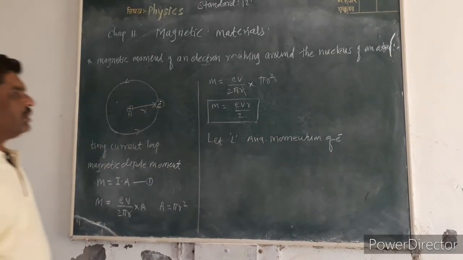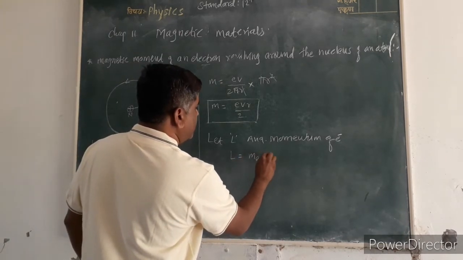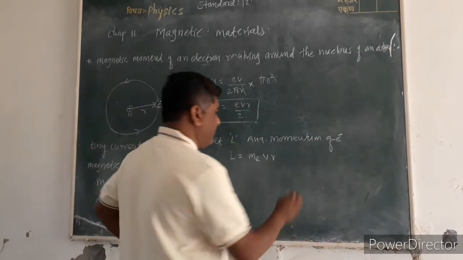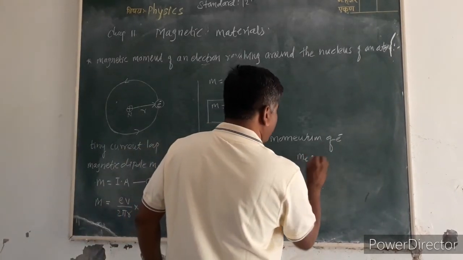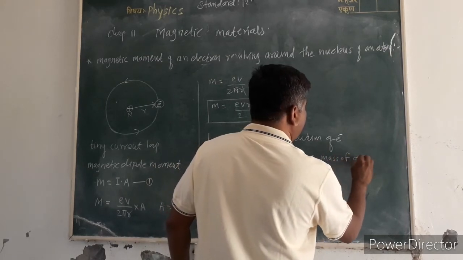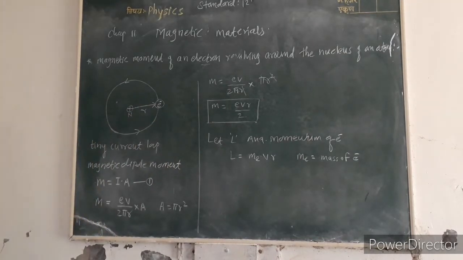Therefore, L is equal to m_e into v r, where m_e is called the mass of the electron.